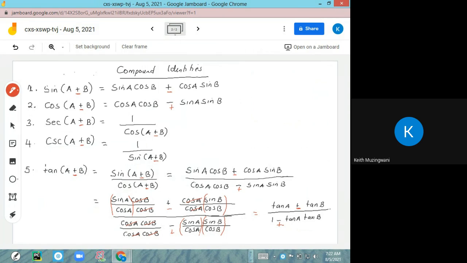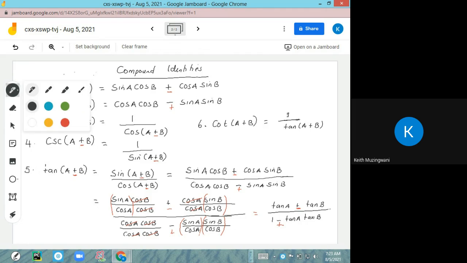Okay. And then the other one, I'll just squeeze it here. If we do cot A plus B, we'll just say this is 1 over tan A plus B, so that you can follow up what happens if you switched minus here and minus there.